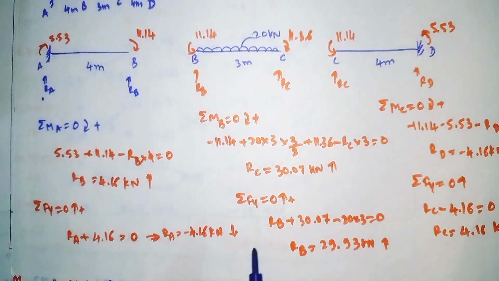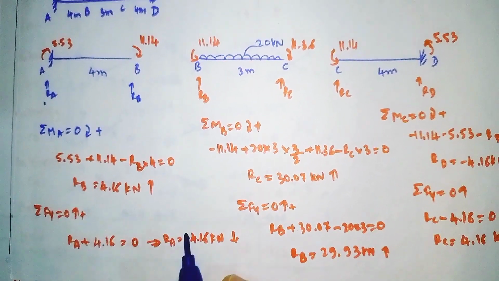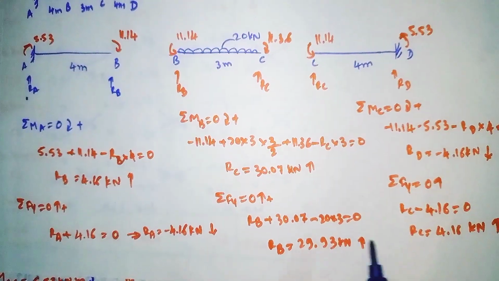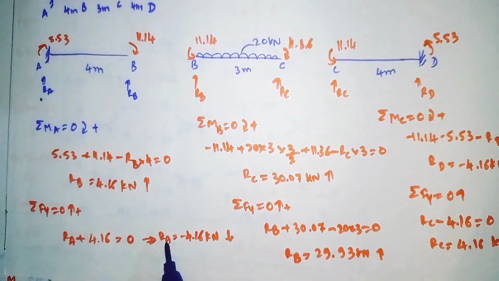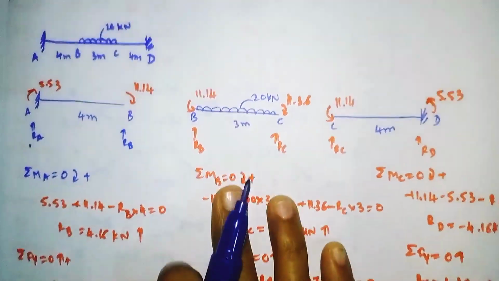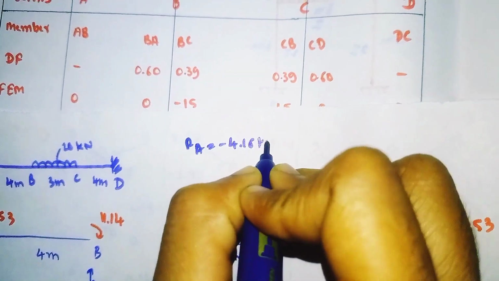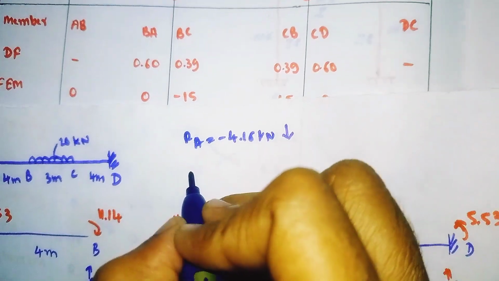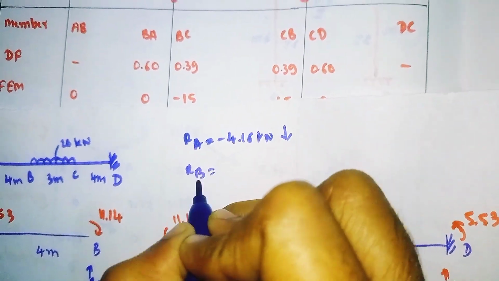Now we need to find the final values. We got the RA value as minus 4.16. See here, the RA value is only one, that is minus 4.16 kilonewton, that is negative, it means moving downward. Now find out the RB value.